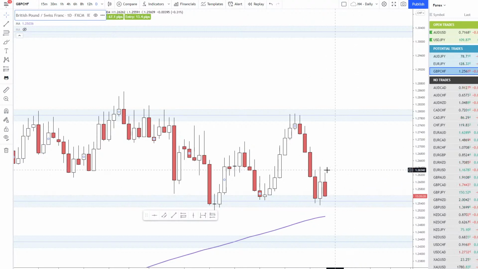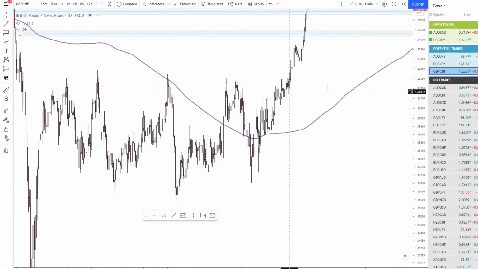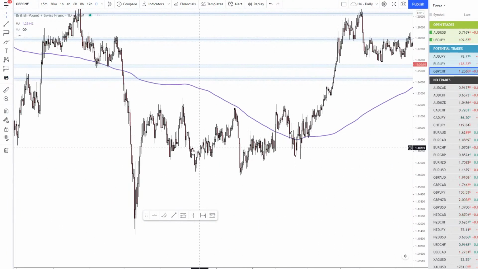So looking at this, I'm not that confident, but what gives me an extra little boost of confidence with this one is just that 200 moving average being there. That 200 moving average just acts as an area of support. That's all the 200 moving average is to me. It's an area of support, resistance. You can see price respects the 200 moving average pretty well.